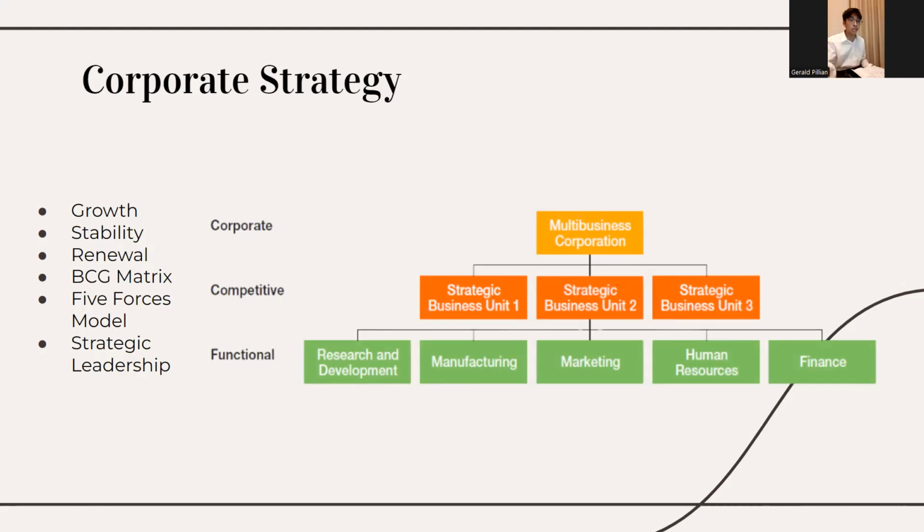So for growth, it's pretty much the expansion of products. It's you expanding the product you already have and expanding your market. In growth, there are a lot of other factors. There's vertical integration, and in vertical integration, there are two more factors, forward and backward.